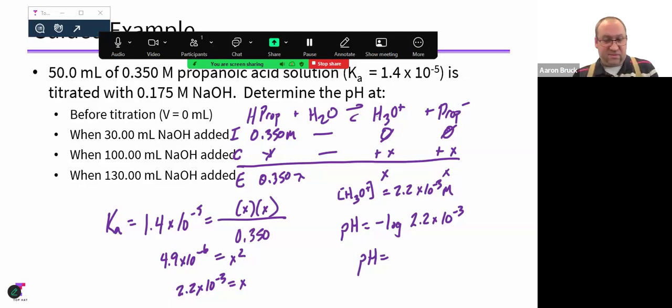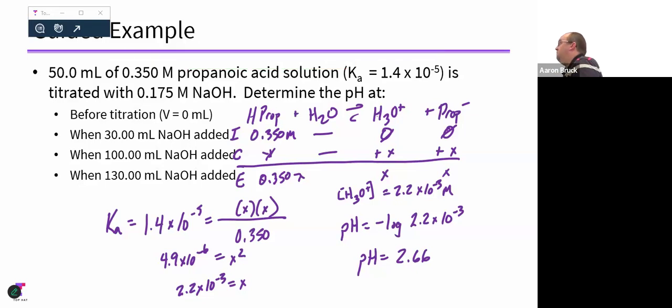And to 2 decimal places, we get 2.66. So there we have it. That is letter A, our first calculation. Pre-titration, we expect a pH of 2.66 based off of the concentration and the Ka for the propanoic acid.